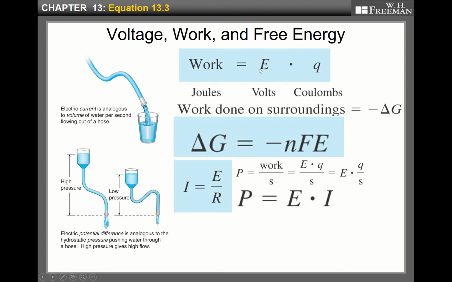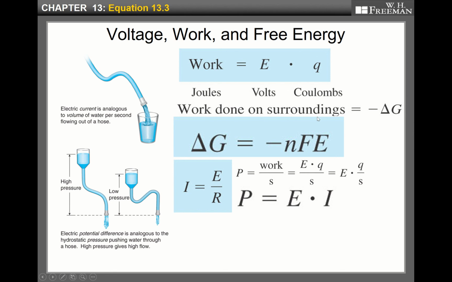You have to memorize these equations. Work is E, the unit is volt, this is potential, or voltage, same. Potential multiplied by charge gives the work. The unit is joule.